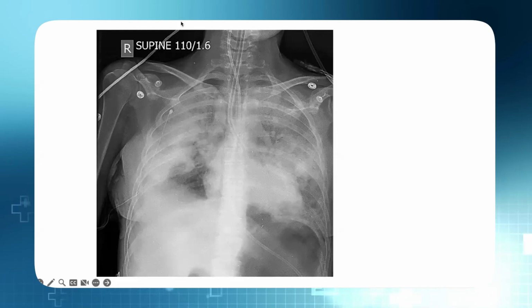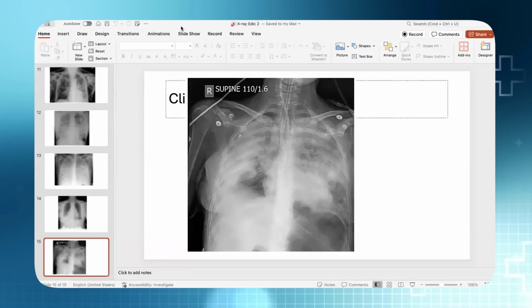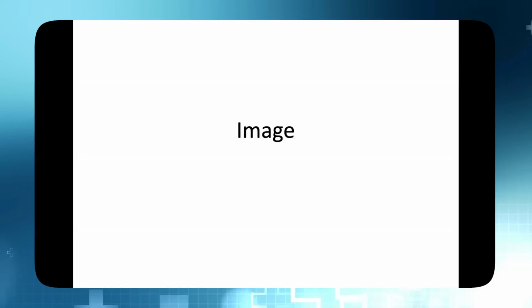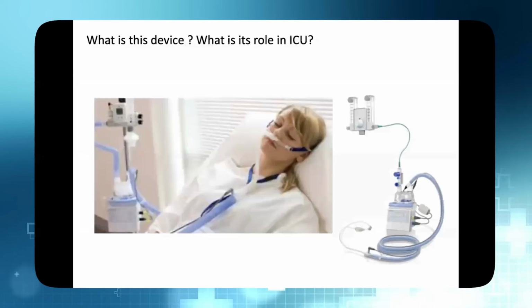Now coming to another set of questions. What is the device and what is the role in the ICU? High flow nasal cannula. Indication for use: acute hypoxemic respiratory failure.